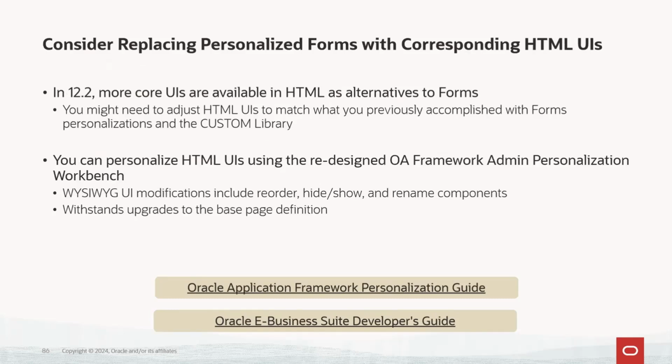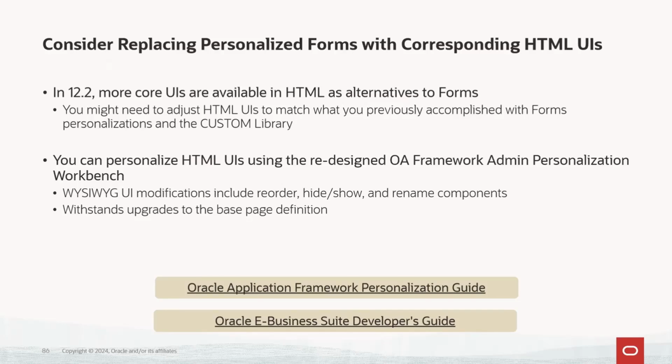Another consideration would be, given that we are now providing more core UIs as replacements or alternatives to the existing forms, you might consider replacing a heavily personalized form with the HTML alternative to it. And if it turns out that that also needs personalization, you would want to check on that.